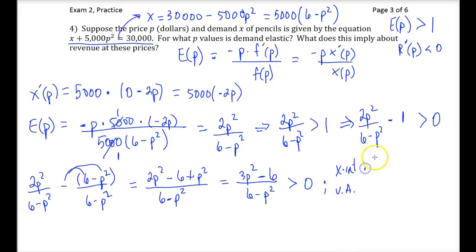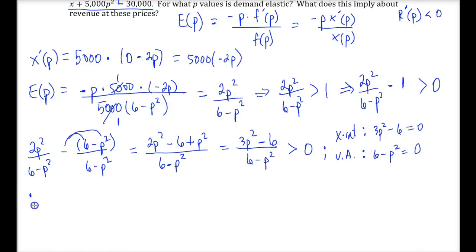For our x-intercepts, we would need to figure out where our numerator is equal to 0, so what values of P make it equal 0. And for the vertical asymptote, same thing, where the denominator equals 0. So we would want to figure out the solution to this equation, as well as the solution to this equation.